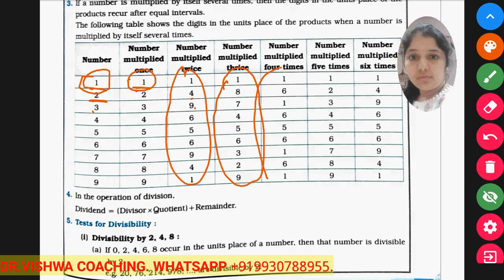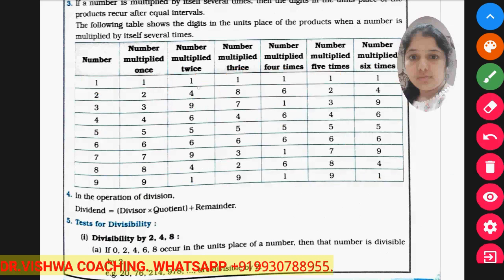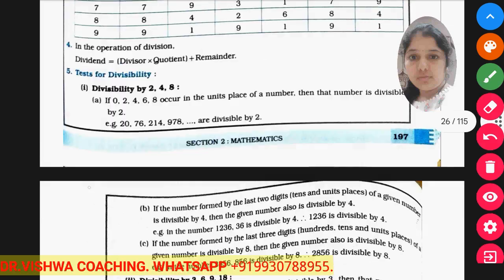If you multiply 3 four times, you will get 1 at the unit place. If you multiply 4 times, you will get 6 at its unit place. Like this, if you multiply the number 5 times, you will get this number at the unit place, and this you have to keep in your mind.